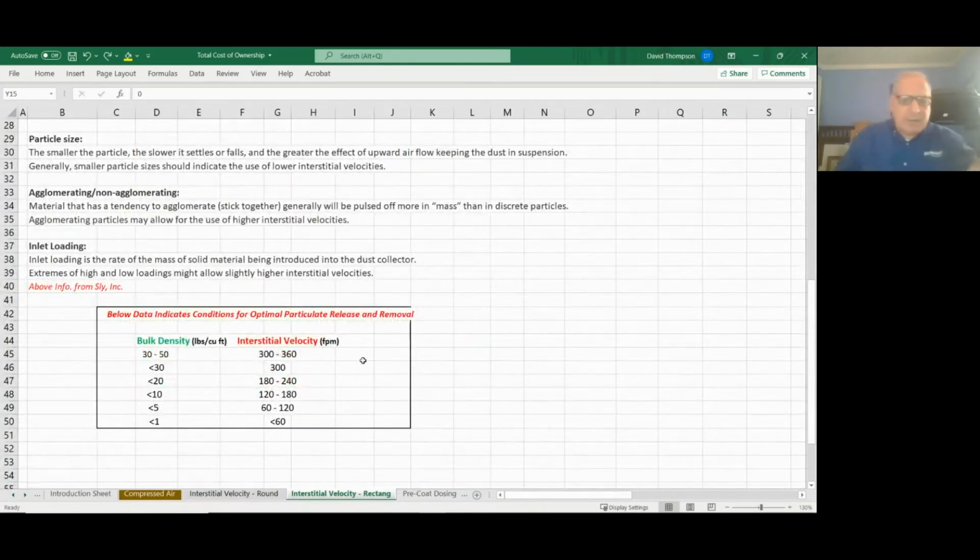Down here, we give you some data, some rules of thumb, for where the bulk density of the material may fall, and what that maximum upward airflow could be so that this material falls off efficiently. If you don't fall into these ranges, you're going to have a problem trying to get the baghouse clean.